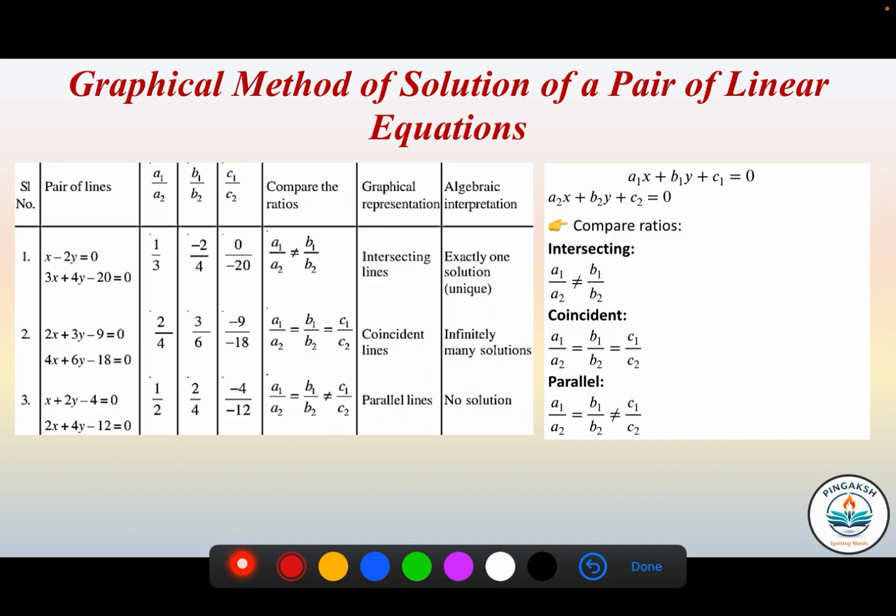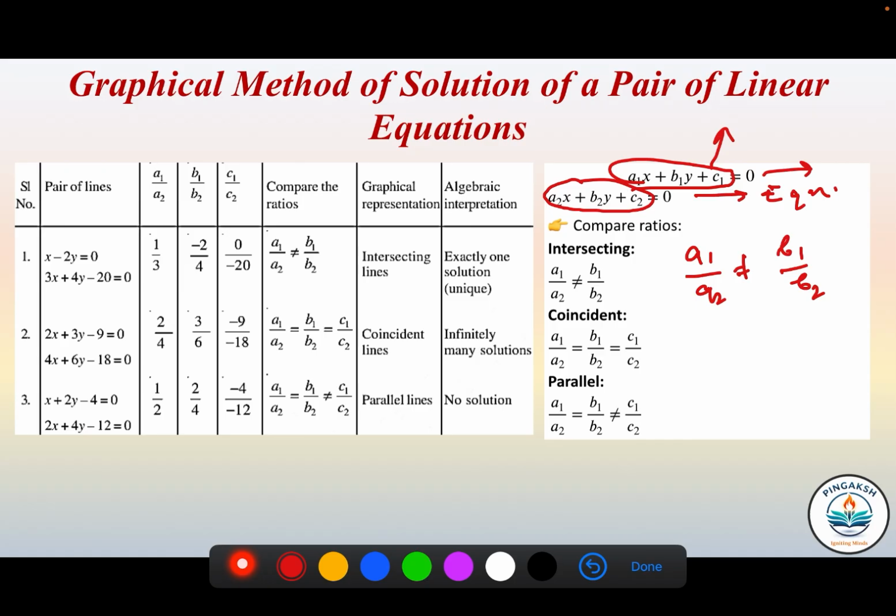Let us see what these conditions are. Here the standard form of the linear equations is a1x plus b1y plus c1 and a2x plus b2y plus c2. So a1 by a2 is not equal to b1 by b2. This is the first condition.